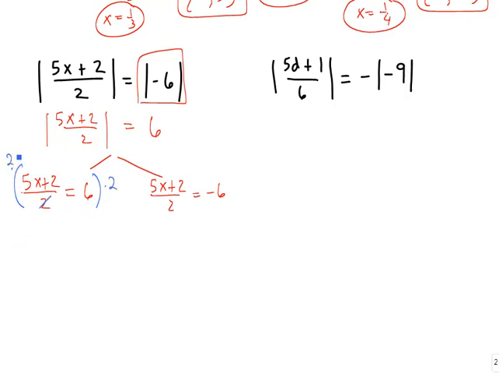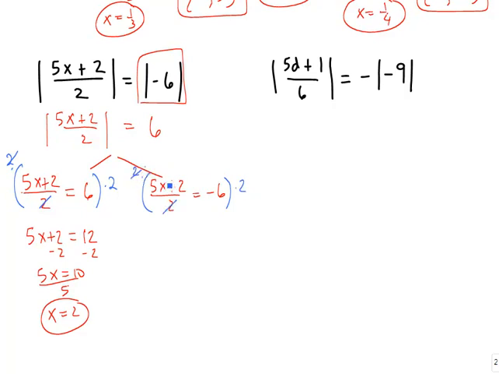And 2 divided by 2 cancels out, so on the left-hand side we'll just get 5x plus 2, and that denominator goes away. And on the right-hand side, 6 times 2 is 12. If I subtract 2, we get 5x equals 10, so one solution is going to be 2. Doing the same thing for the other equation, let's go ahead and multiply by 2 again.